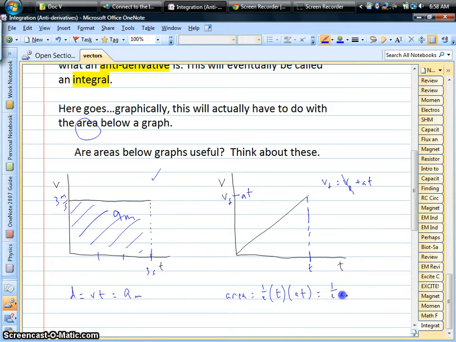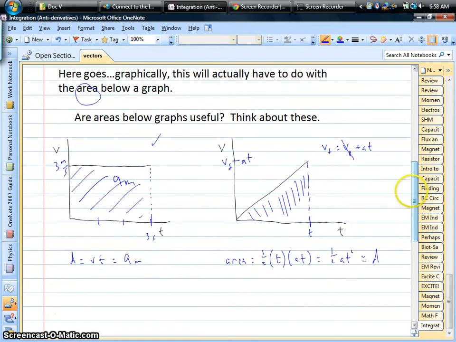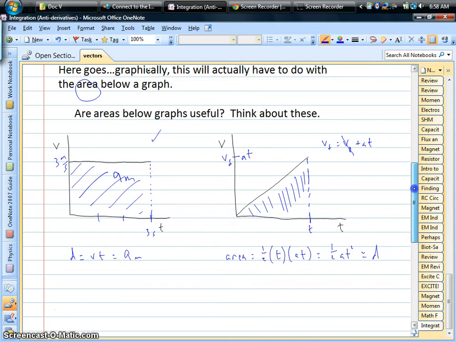And here you get 1/2 at squared is the area of that triangle. What else is 1/2 at squared? Well, for constant acceleration, that's the distance that you travel. So areas mean something. Okay? Areas can actually give you physical answers depending what quantities you're plotting on the graph.